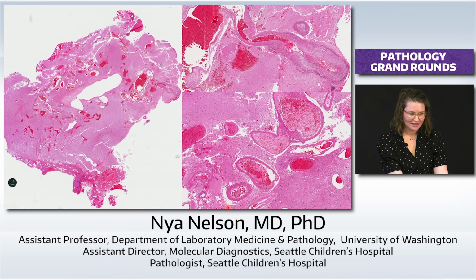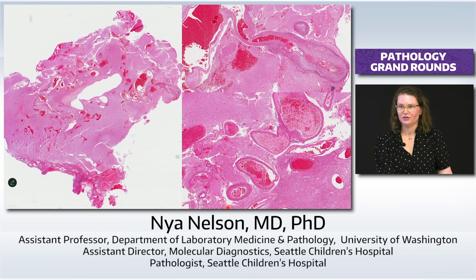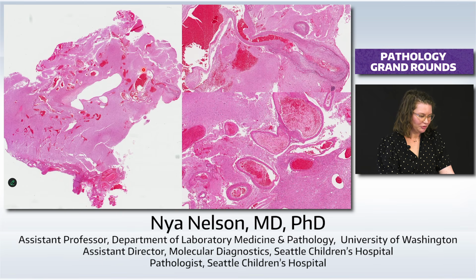This is another example of a KRAS-altered lesion. This one's for the neuropathologists in the audience. But this is a brain lesion. And at low power, you'll notice that it has greatly increased numbers of vessels, both arteries and veins. And when you look more closely, you can see some vessels that look like this one up here, where at one side, the vessel looks well formed, but as you trace it along, you'll see that it gets this kind of profound intimal fibrosis within it.